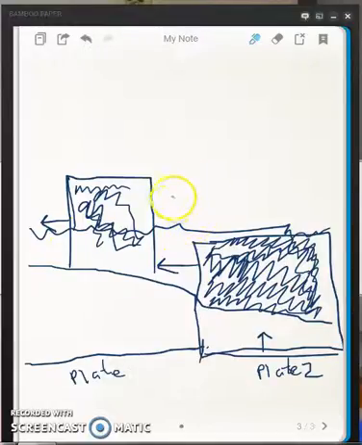So that's basically it. Again, just to summarize, the key point with understanding a wave is that it's just a disturbance of energy being transferred through the water.